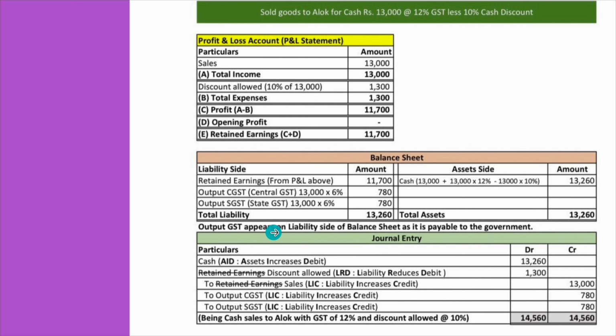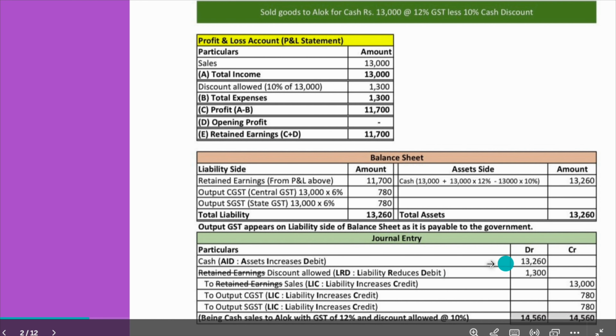Now output GST appears on the liability side of the balance sheet as it is payable to the government. Now the cash account will be debited based on the rule of AID, that is assets increases debit, 13,260. Retained earning is decreasing to the extent of discount allowed.